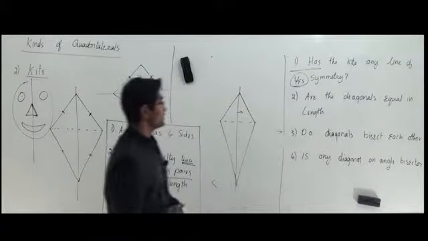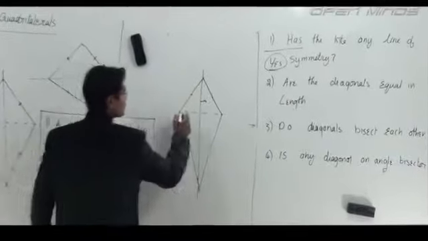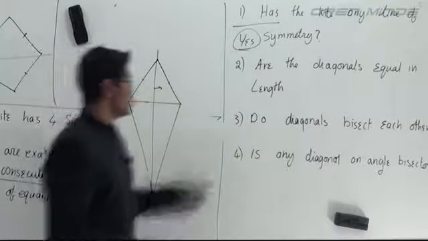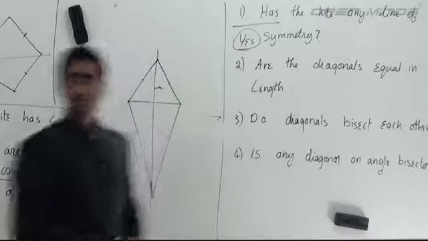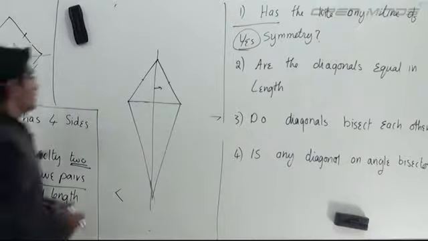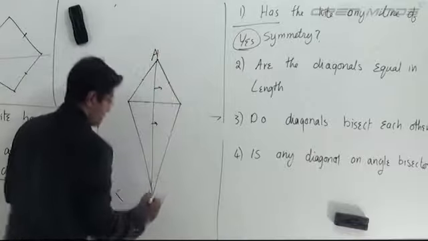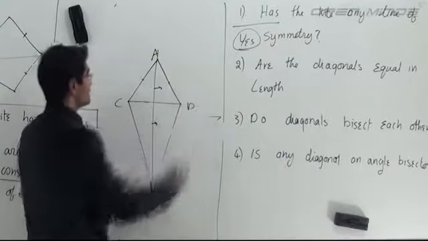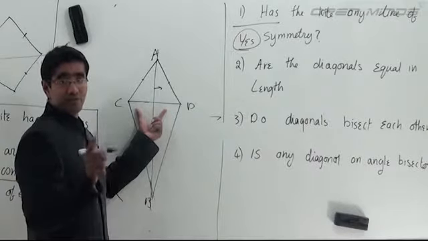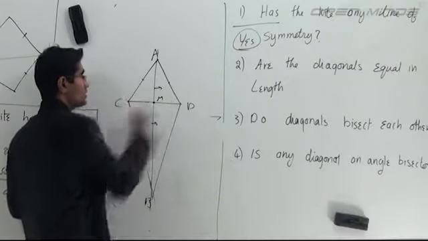The second question: are the diagonals equal in length? They're not. This diagonal is shorter compared to this one. Third question: do diagonals bisect each other? Take this example again. Let's say this is AB and this is CD. AB is bisecting CD, because M is the midpoint of CD.